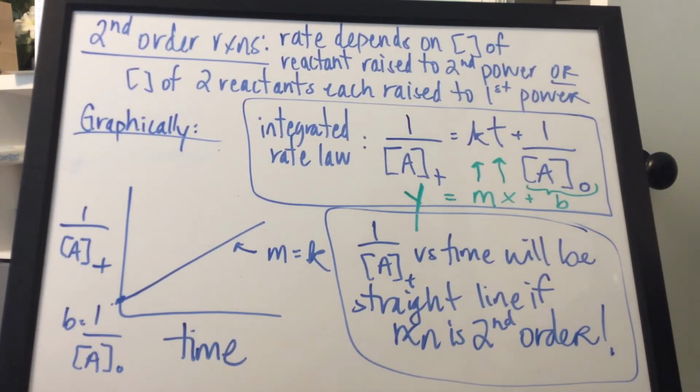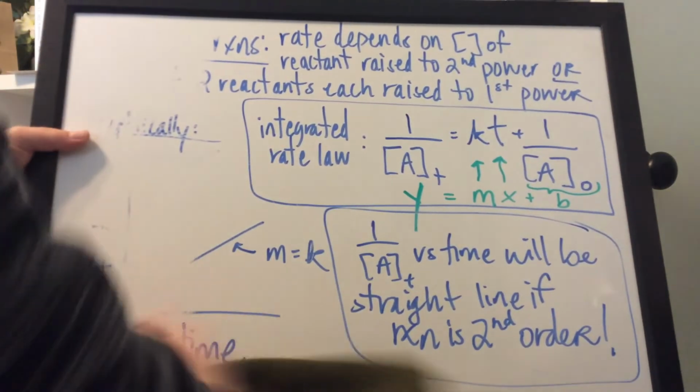Prior to this video, we had learned that the graph of natural log of A versus time would be a straight line if it was first order. And now we're learning that the graph of 1 over concentration versus time would be a straight line if the reaction is second order. So we've got 2 situations graphically, and I'm actually going to introduce a third, which is going to be 0 order.